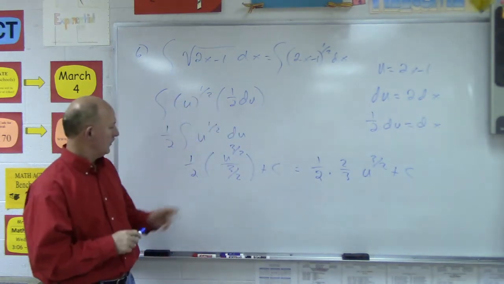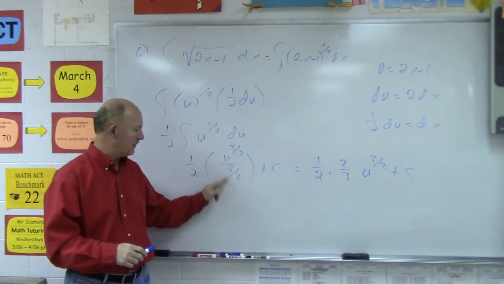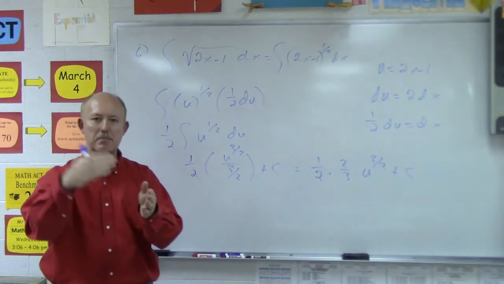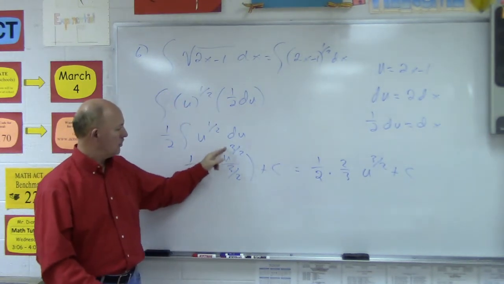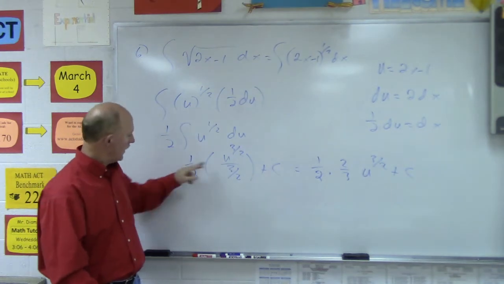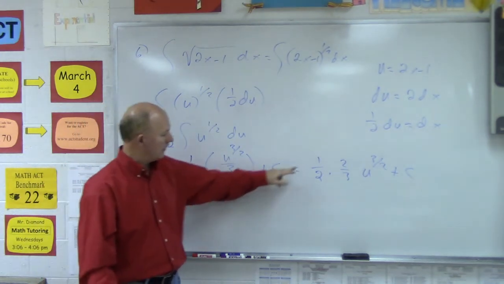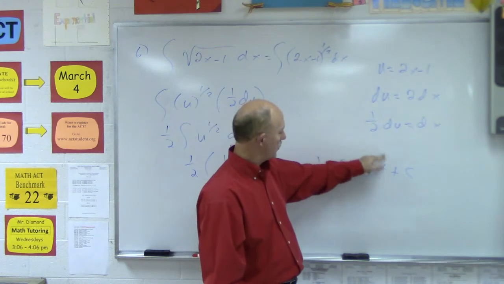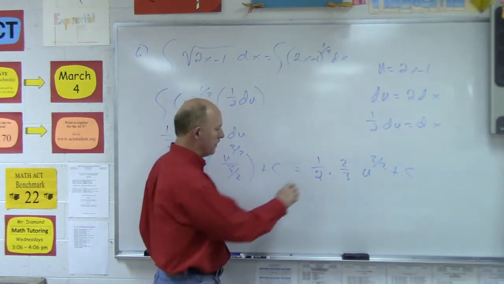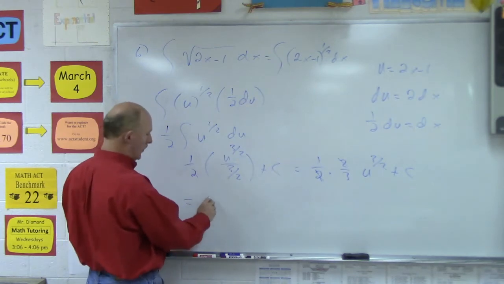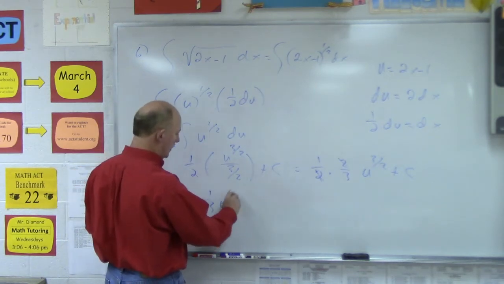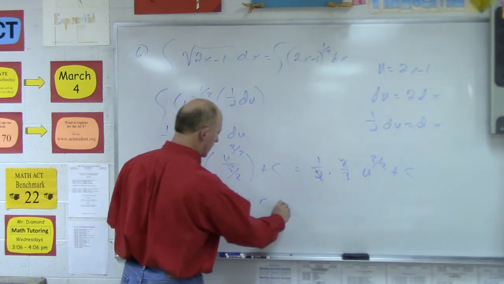When you divide by a fraction, you want to invert and multiply. So flip that fraction over and multiply it by the u to the 3/2 power. u to the 3/2 divided by 3/2 gives you 2/3 u to the 3/2 power. Now the 2's will cancel out, and we end up with 1/3 u to the 3/2 power plus c.